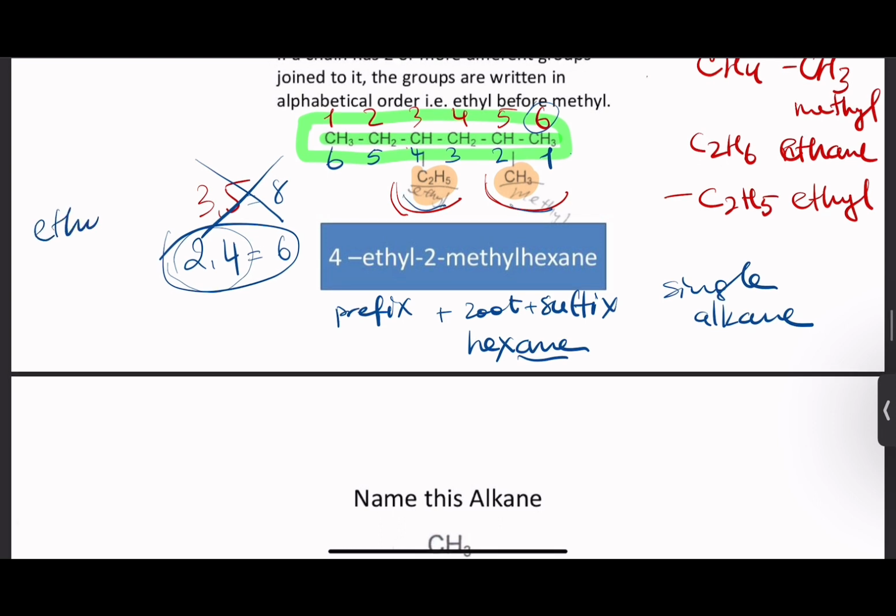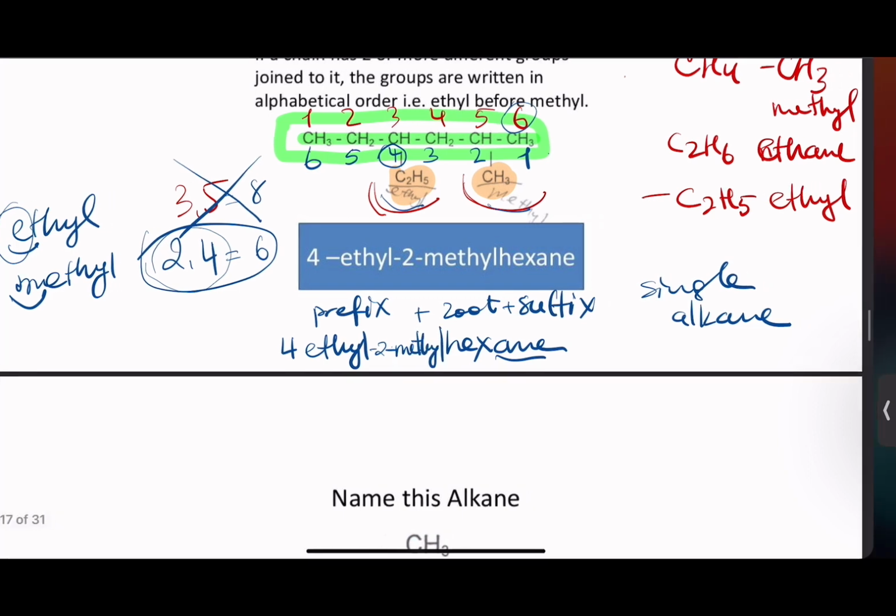As you see here, ethyl starts with E and methyl starts with M. I put ethyl first because alphabetically E comes before M. So I write here 4 because it is located on 4th carbon, 4-ethyl, and then 2-methyl hexane. This is the name of this guy.